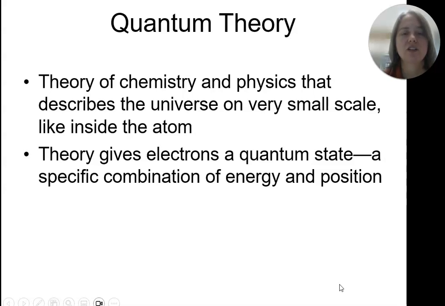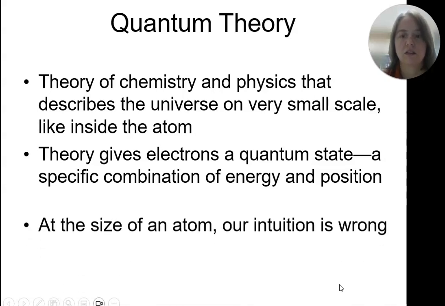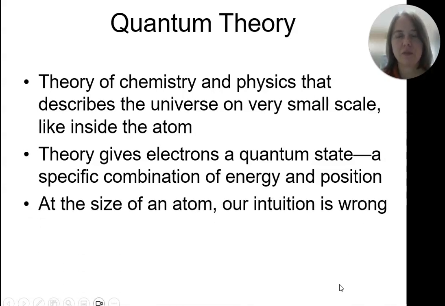The theory gives electrons a quantum state, a specific combination of energy and position. So it's like their state can be quantified, like with numbers that tell us about their energy and their position. At the size of an atom, I'm just going to let you know the way you're thinking about it is wrong.